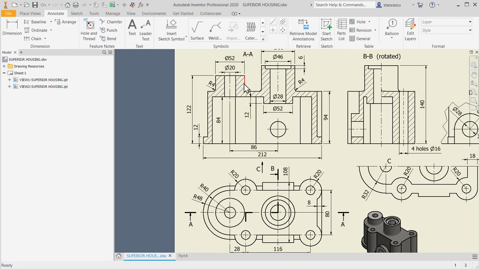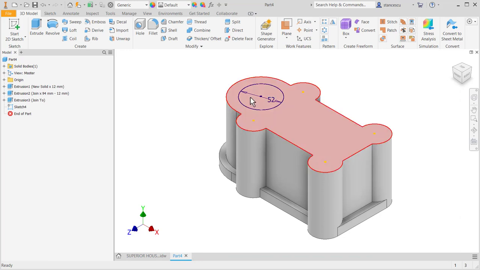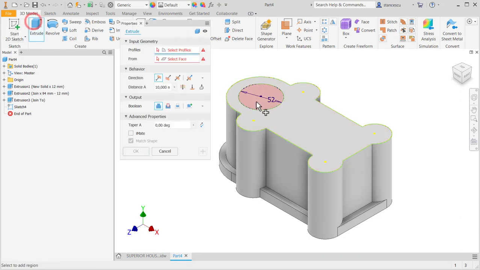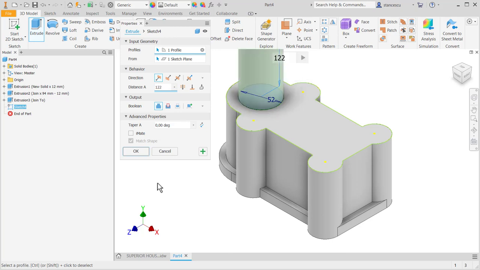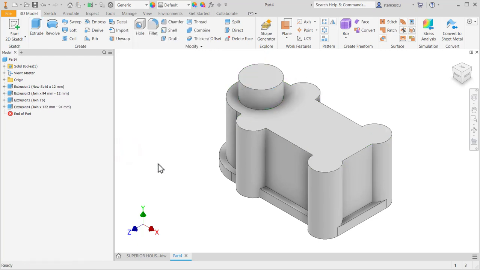So I have to apply 122 minus 94. Extrude. 122 minus 94. Okay.